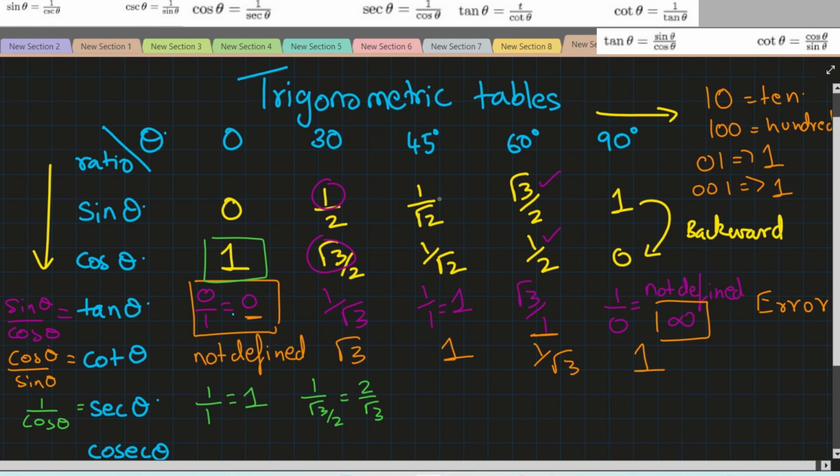Sec theta at 45 is nothing but the reciprocal of cos, that is 1 upon root 2. The reciprocal of 1 upon root 2 will give you root 2 upon 1. And at sec 60 degrees, it will be the reciprocal of cos, that is 2 upon 1. And sec theta at 90 will be 1 upon 0, which we call not defined for this table.